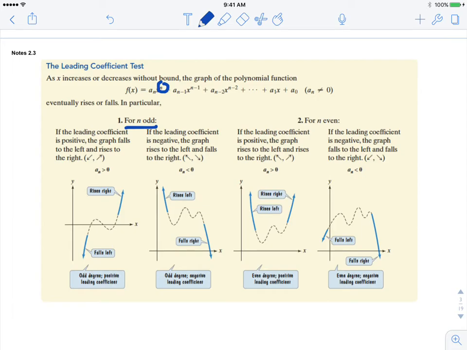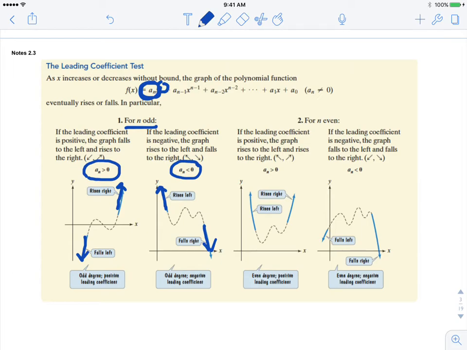When the graph rises on the right and falls on the left, that occurs when your leading coefficient is greater than 0. The second situation is that it's going to rise on the left and fall on the right, and your leading coefficient is negative, less than 0.